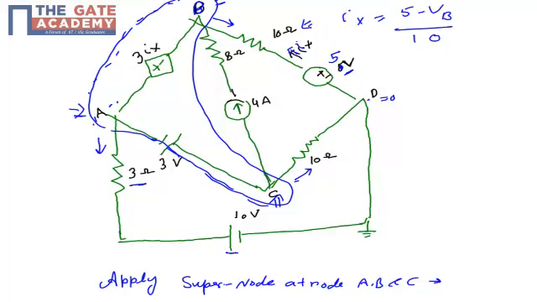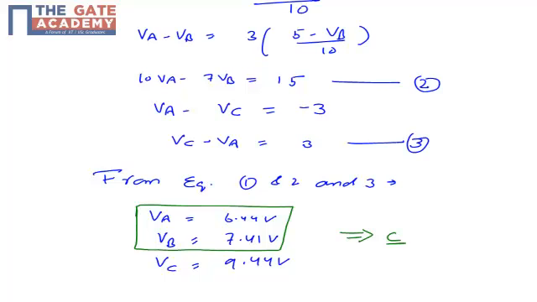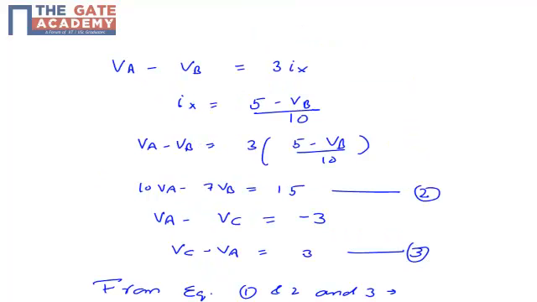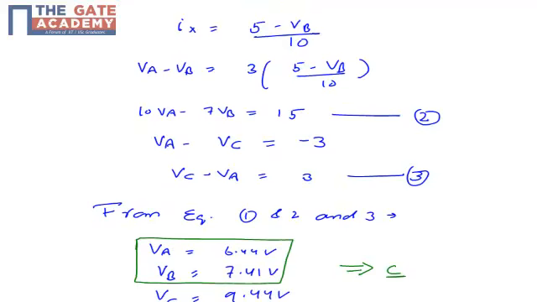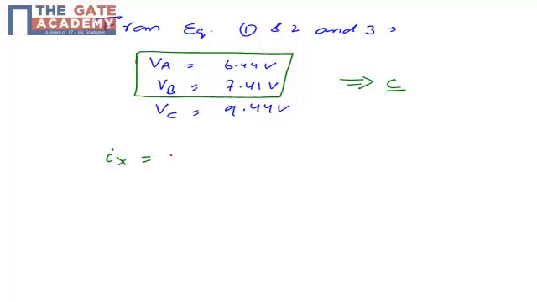What is the IX? IX is defined as 5 minus VB by 10. Right now I know the value of VB because I have just calculated the voltage of VA, VB, and VC. So my IX is 5 minus VB by 10, which is 5 minus 7.41 upon 10, equal to minus 2.41 ampere.